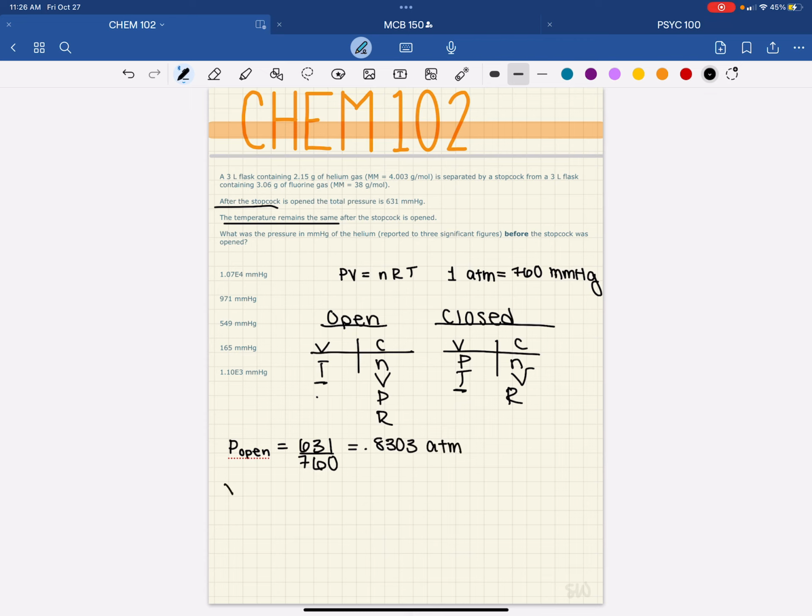Then my volume open is equal to 3 liters plus 3 liters, which is 6 liters total.